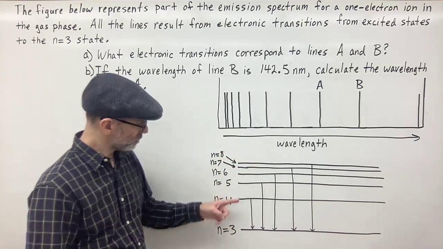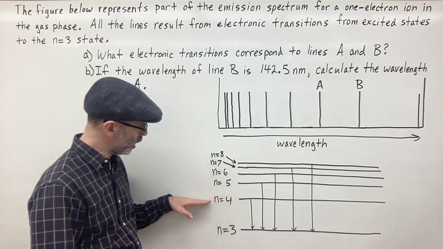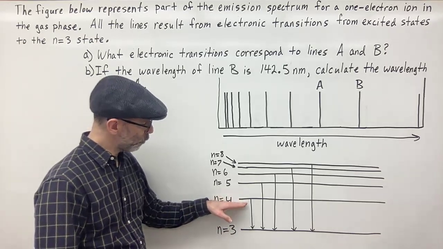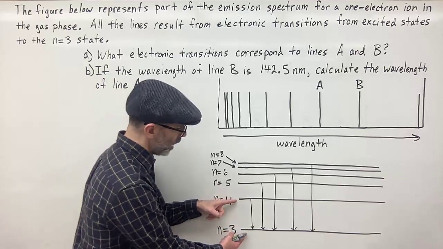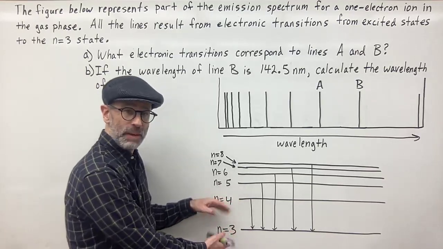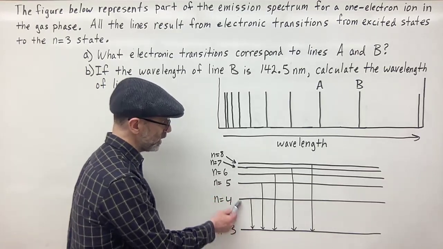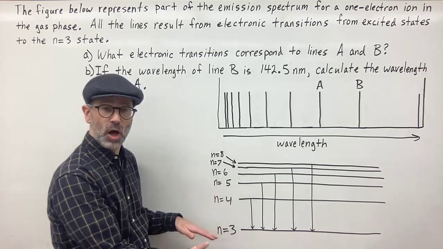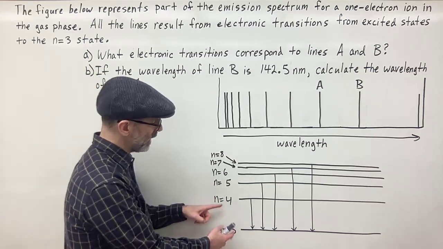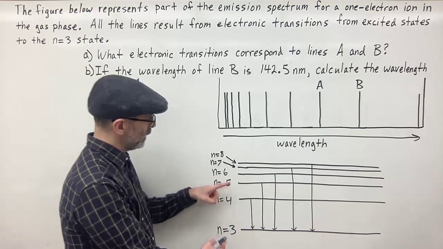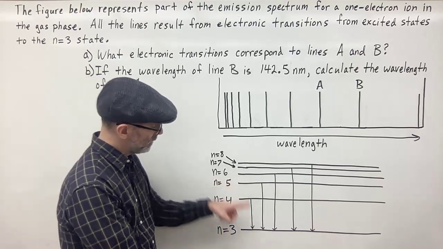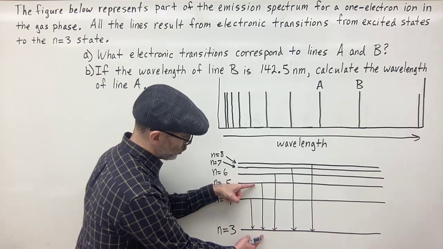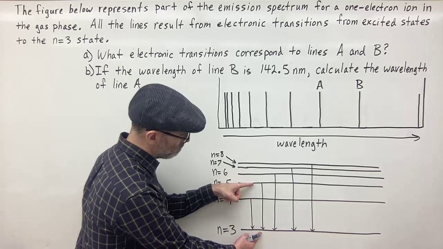You can see here that the jump from n equals 4 to n equals 3 is the smallest gap. So the difference in energy here is going to be the smallest. The next jump is n equals 5 to n equals 3, and that's a larger gap.